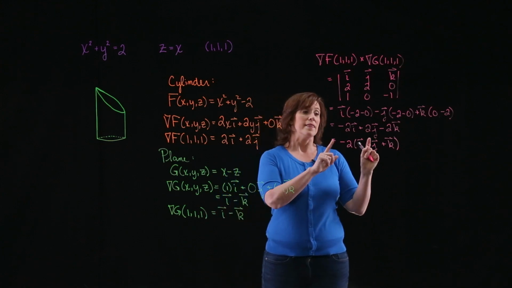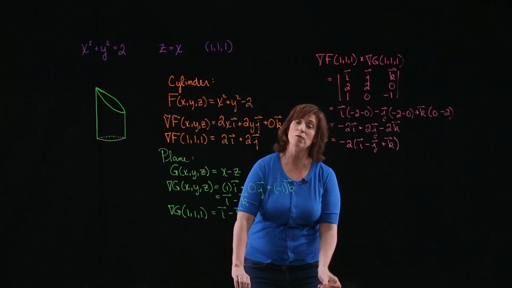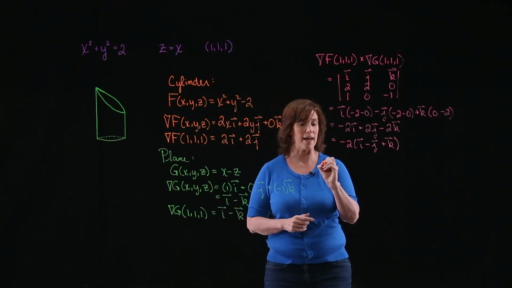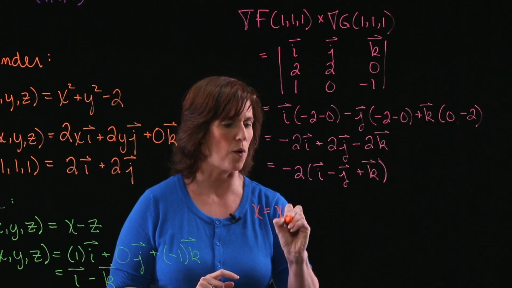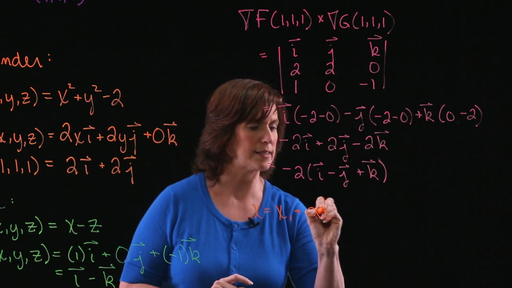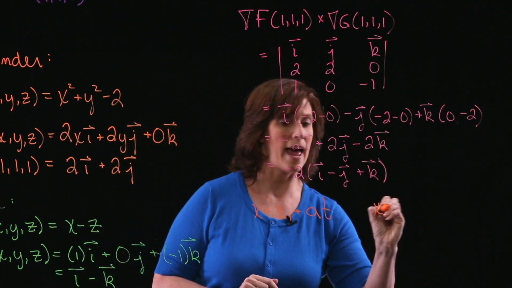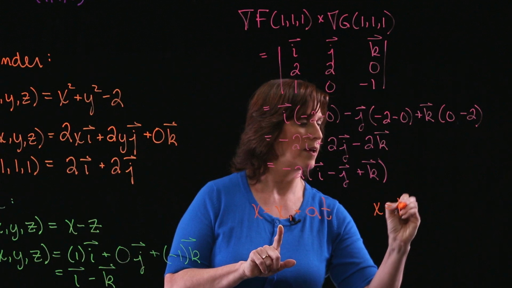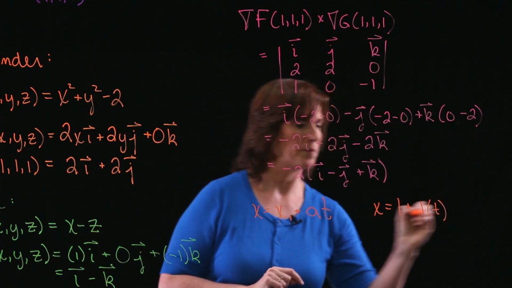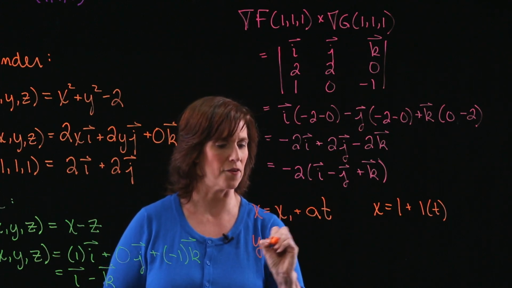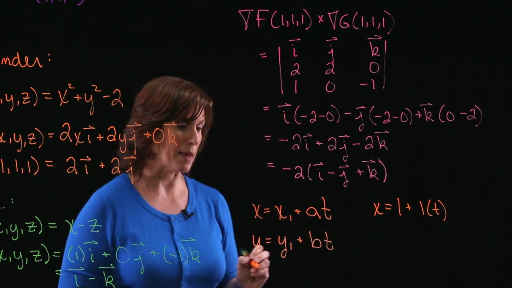All right, now, this is going to give me the direction of my tangent line. So remember, I'm looking for parametric equations of a line. My parametric equations will always take the form x equals x1 plus the direction times time. In this particular case, that means x is going to equal 1 plus the direction, which is 1, times t. y, on the other hand, is y1 plus its direction times time.